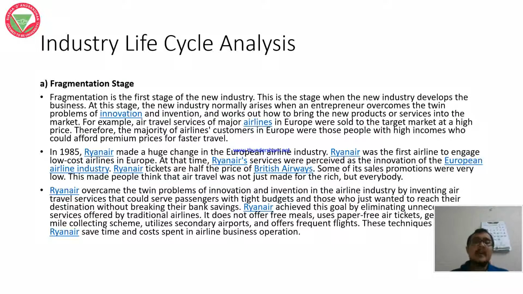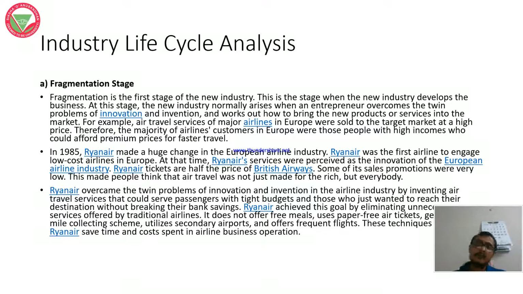For example, air travel services of major airlines in Europe. I have given you the example of air service companies operating in Europe, and how they have changed the market scenario. Air travel services of major airlines in Europe were sold to the target market at a higher price.